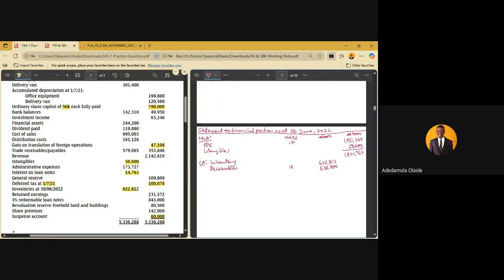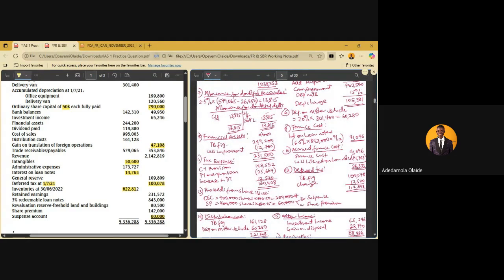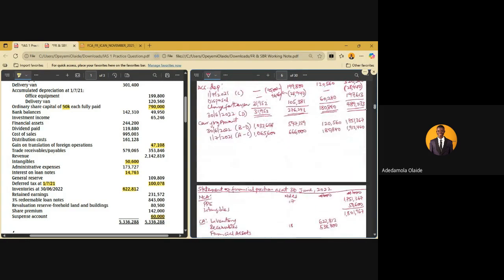Then after receivables, what else do we have? We have financial assets, note 8, 231,500.